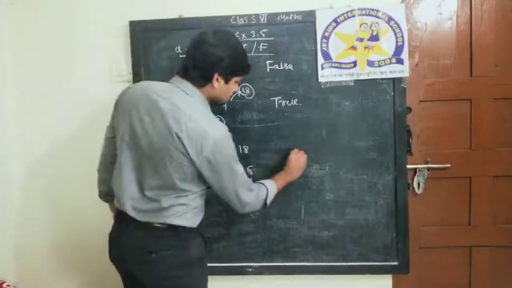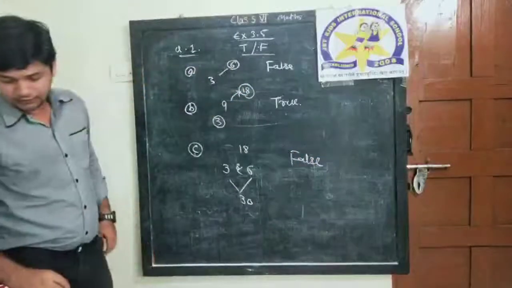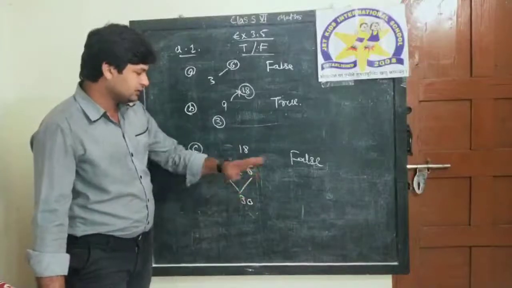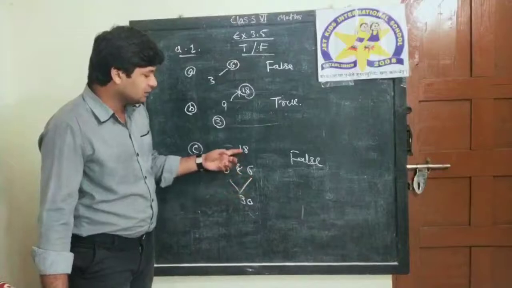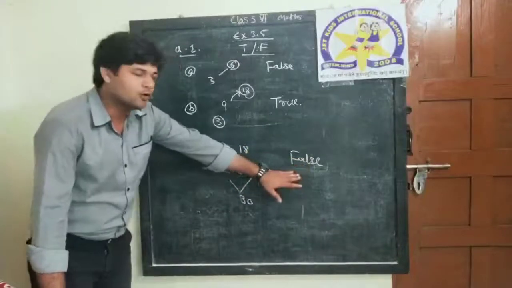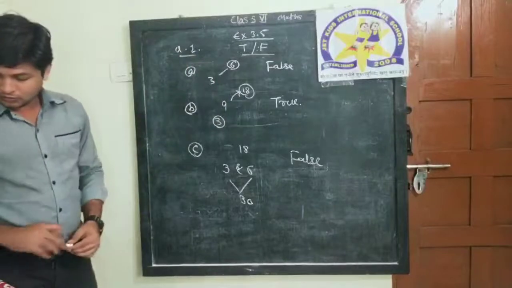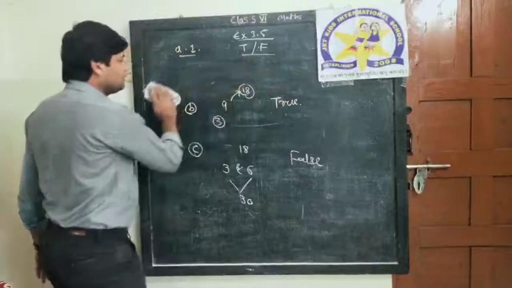No, it is false. False, right? If 30 is divisible by 3 and 6 but it is not divisible by 18, that's why the statement is false. Clear? Hope this is clear to all of you. Okay, it needs practice to understand this concept, as I told you in the previous video.